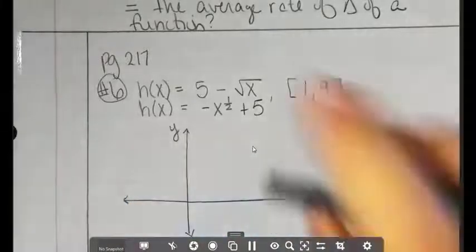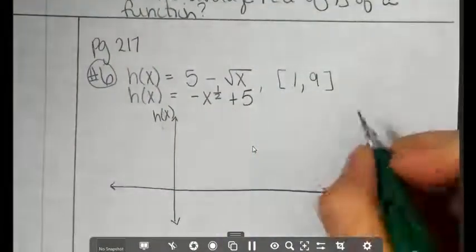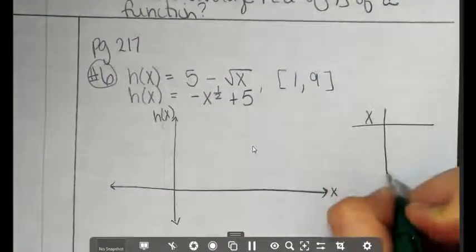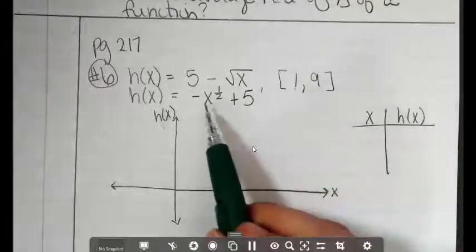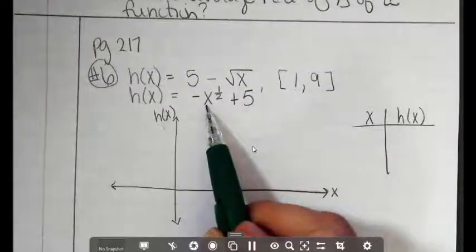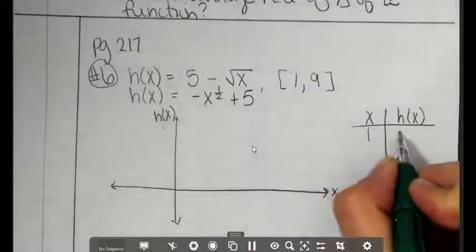This should actually be h of x. When I plug 1 in, that's basically just going to give me negative 1 plus 5, so that's going to be 4.